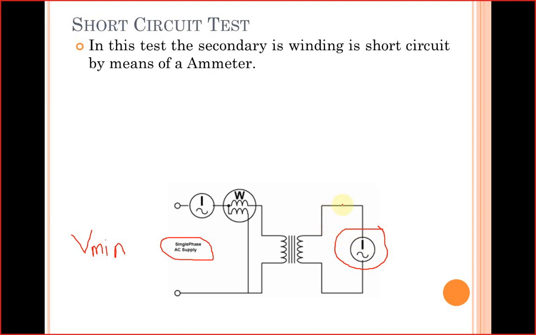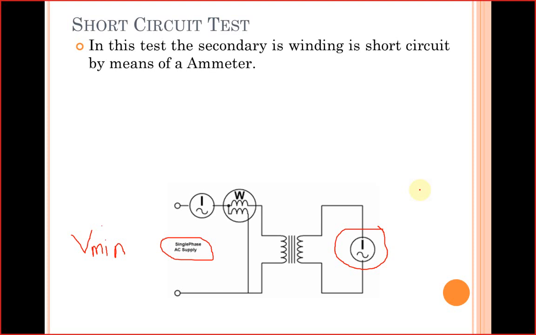So we will short the terminals by means of an ammeter, and we will increase this voltage. V minimum will be increased slowly so that the secondary of the transformer will have a low rated current flowing through it.